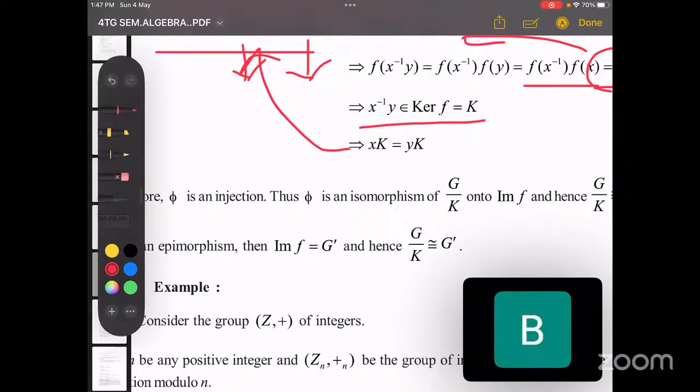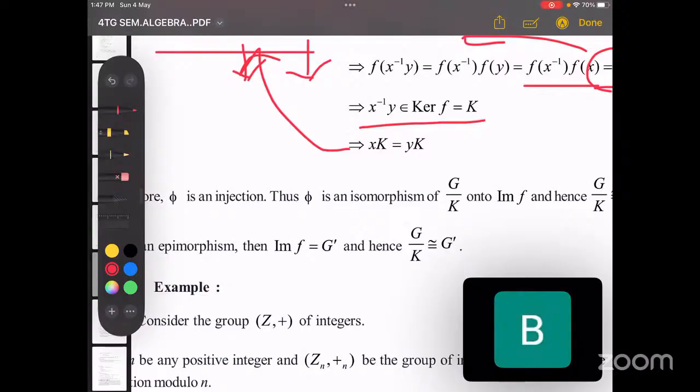First, you have to define one function, pi. That pi function you define as pi of K of x equals f of x. Through that function only, you have to show all the conditions. The first condition is that it is a well-defined function.